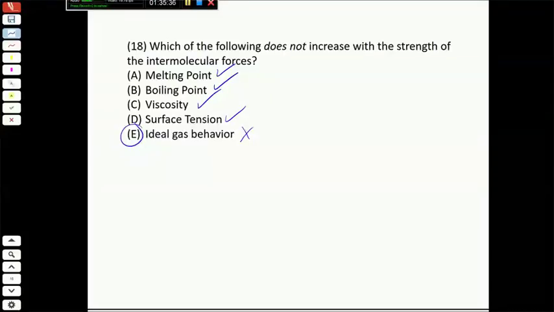it would be easy because we're looking for the one that does not increase as the intermolecular forces increase. So liquids that have stronger intermolecular forces tend to have higher surface tension. So if you compare water to any hydrocarbon, let's say pentane, C5H12, C5H12 is nonpolar, so it has weaker intermolecular forces than water, so it has smaller surface tension.